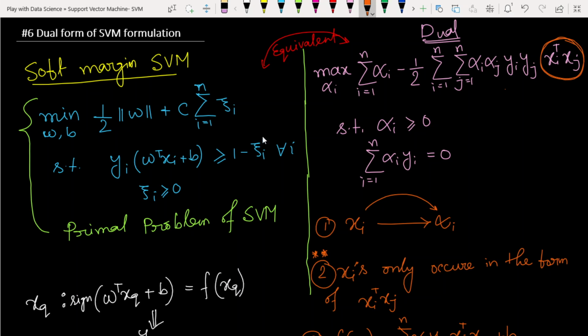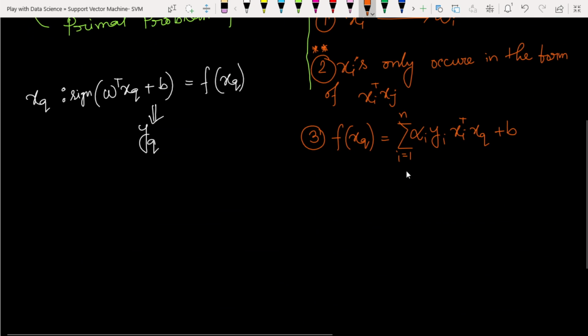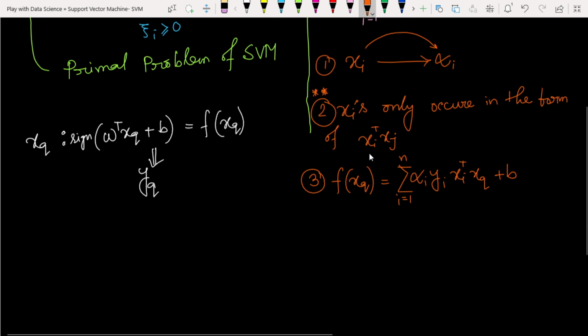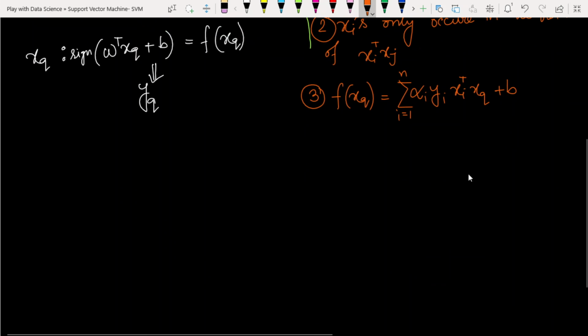I am not deriving the equations from primal to dual. For our query point we use this equation in the primal, but for the dual problem we use this equation to find the class label of our query point.